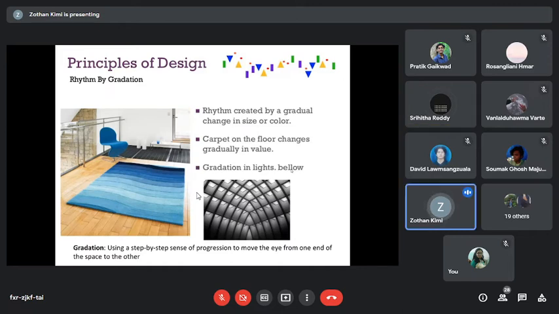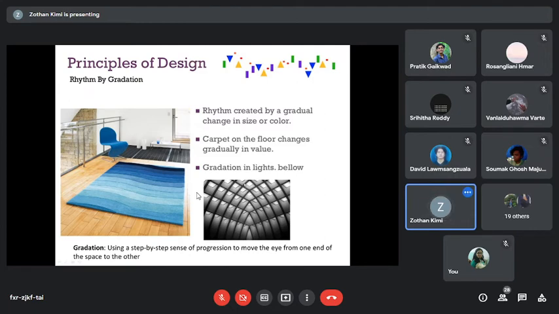The gradation of lights. Actually, the way it's based on the shape, and this is a black and white picture. Technically, the ones below are more covered, so it is darker. Maybe it's not clear on the screen that I'm presenting, but anyhow, the lights below are darker and it becomes lighter at the top.